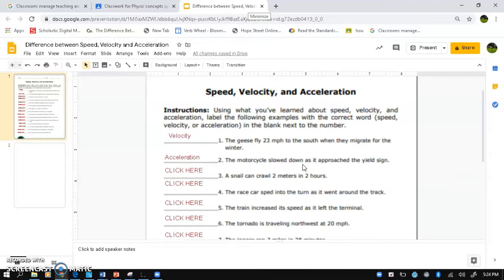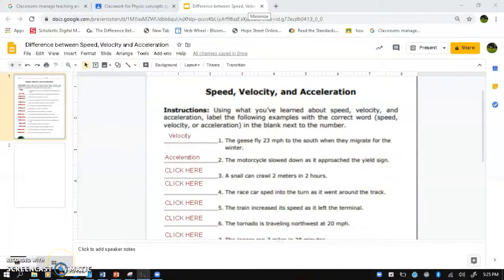Okay. A snail crawled 2 meters in 2 hours. Now, it told us our distance and it told us our time. It does not have direction, and it doesn't have speeding up or slowing down. It just says that it's constant.